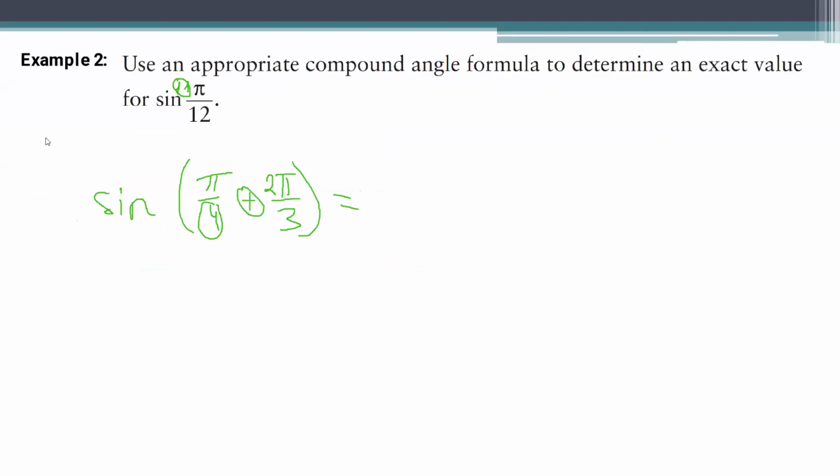Great. So sine x would be sine pi over 4 times cosine of 2 pi over 3 plus sine of 2 pi over 3 times cosine of pi over 4. Great.